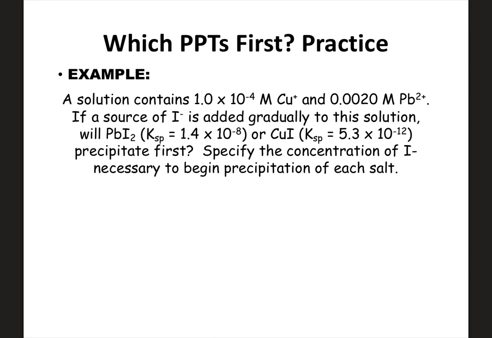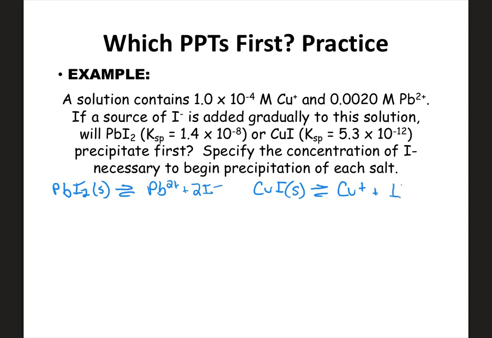expression for each of the possible precipitates. So first, I know I have my PbI2 here, right? That would be my solid, and it would be in equilibrium with its ions, which would be Pb2+ and 2I-. And my other possible precipitate is the CuI here, and that would be in equilibrium when it dissolves with its ions, the Cu+ and the I-.